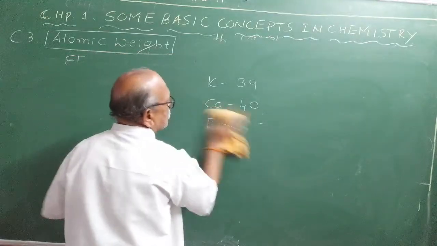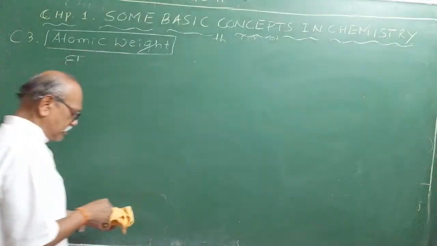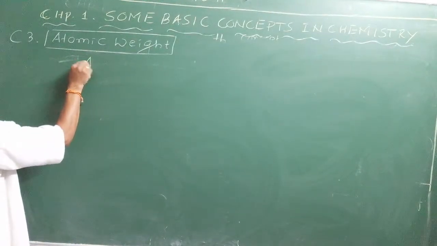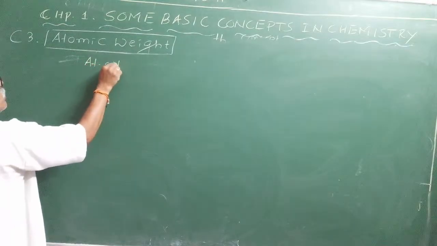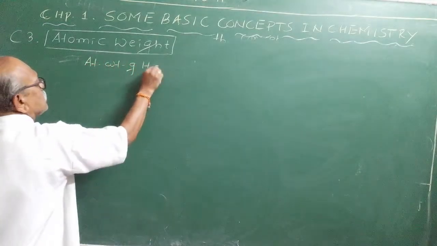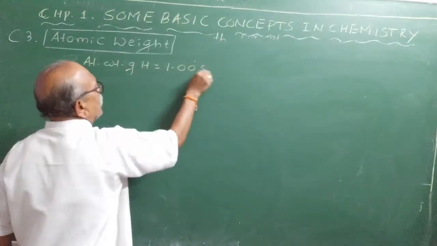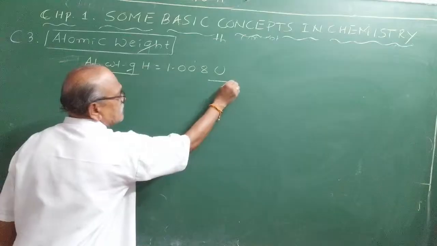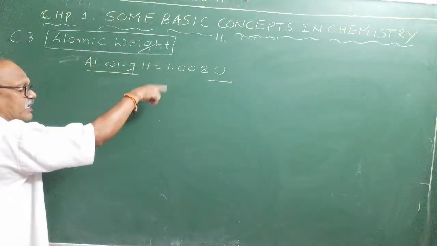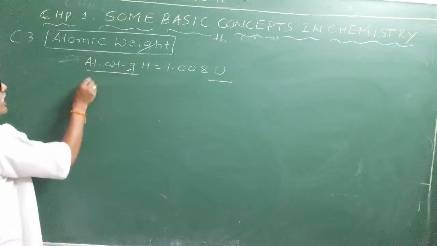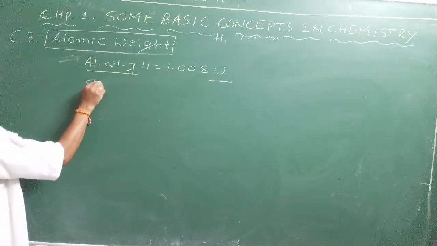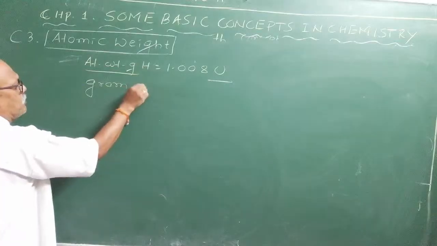All these masses are atomic masses. Generally, what is the unit of atomic mass? When I say the average atomic weight of hydrogen is 1.008 u, atomic mass is actually unitless because it is a relative number. When atomic weight is expressed in grams, it is called gram atomic weight.